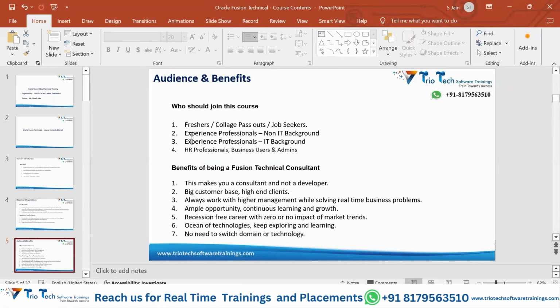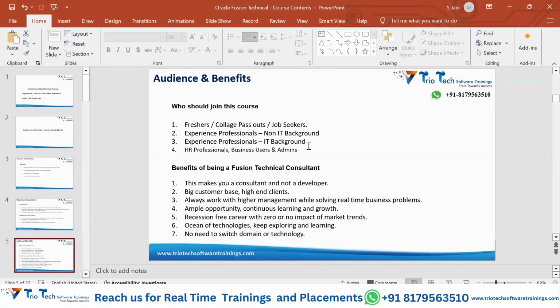You may be an experienced professional but not from an IT background, or an experienced professional from an IT background. You may come from a particular domain, such as the manufacturing, hospitality, aviation or banking industry, and would like to pursue a career in enterprise applications. This course is going to help you in that.